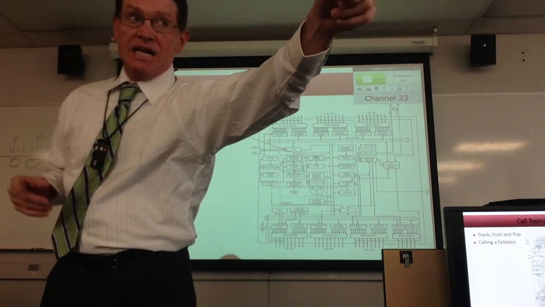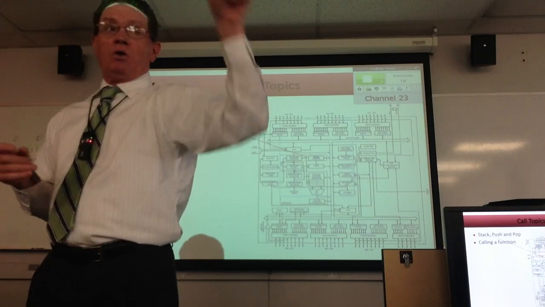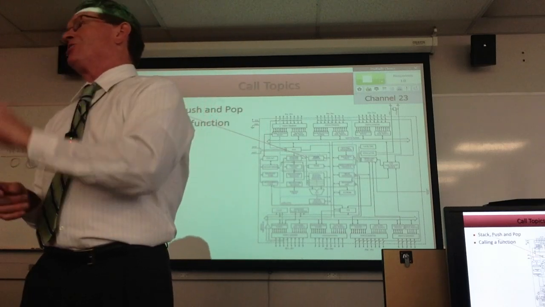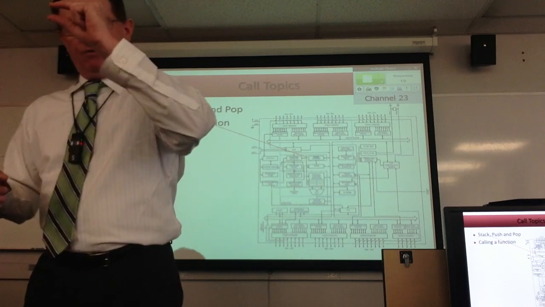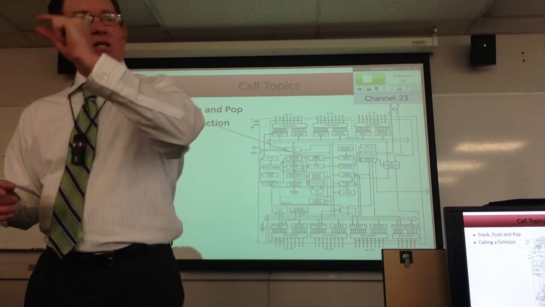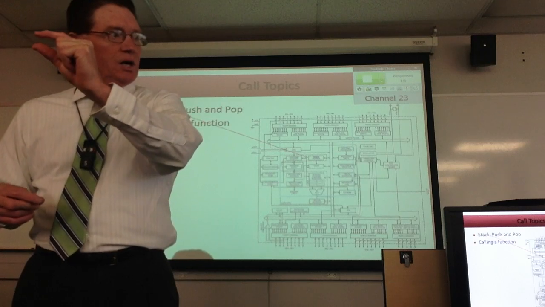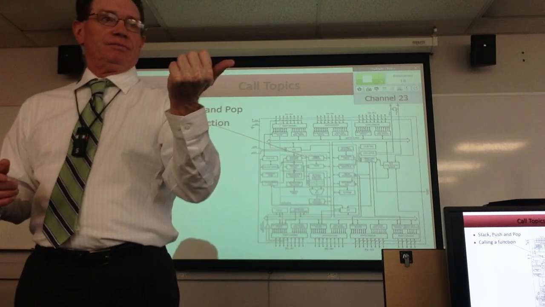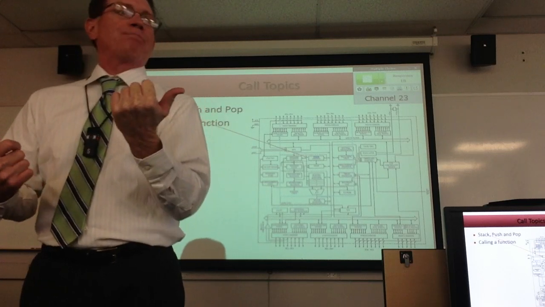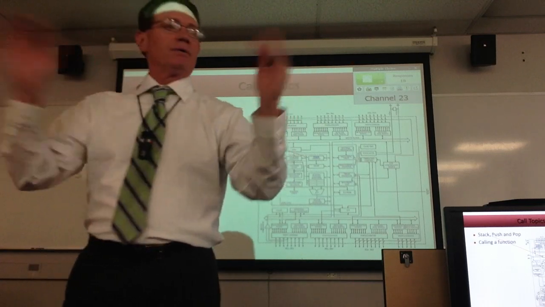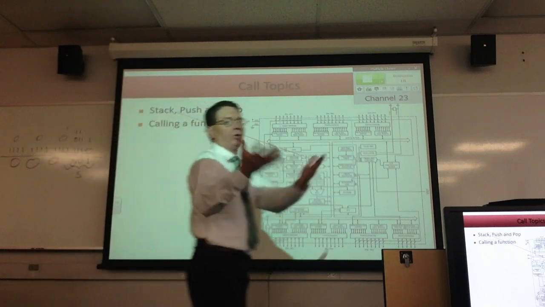It comes back to the next instruction after the call. The question is, how does it know where that is? As soon as I do a call, the physical address of the next instruction gets put onto the stack. And when the return happens, it pops off the stack back to the program counter. That's all we're using the stack for.